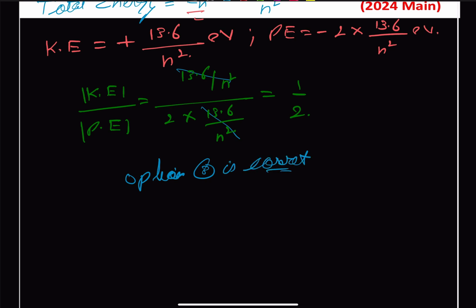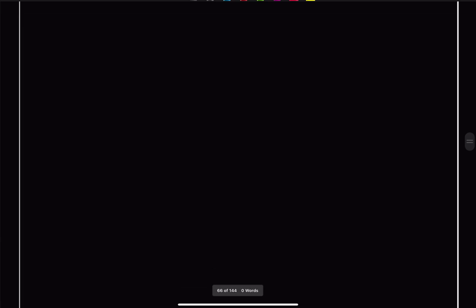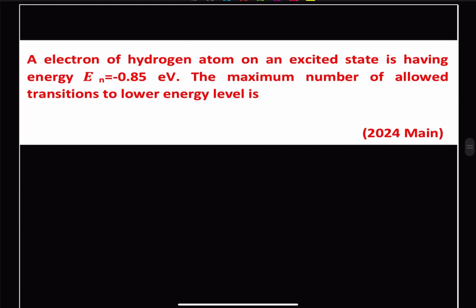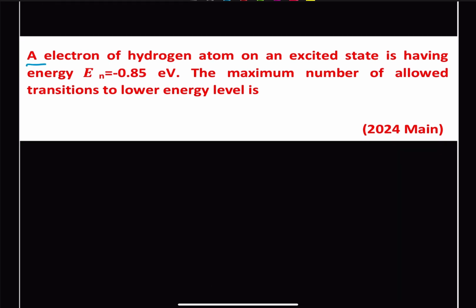Correct. Next question. It states that the electron of a hydrogen atom in an excited state is having energy E of n, that is minus 0.85 electron volt.